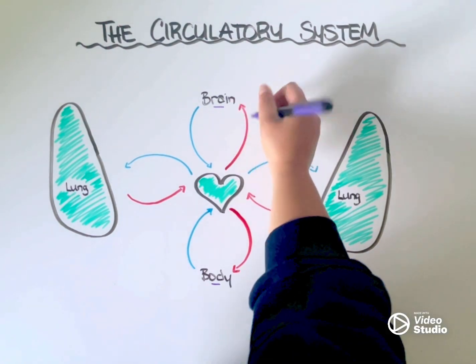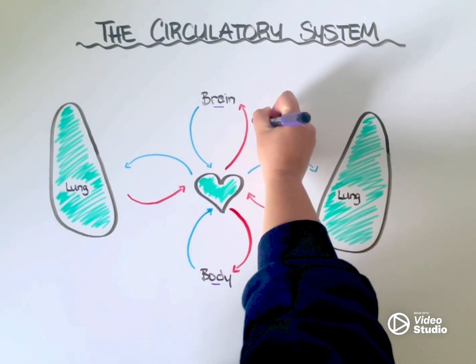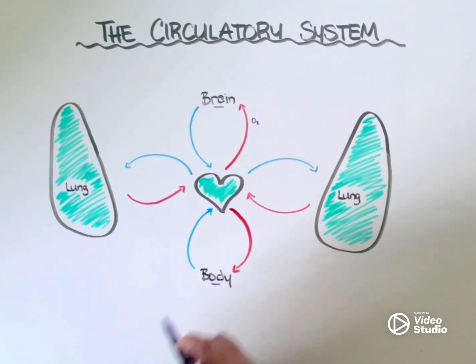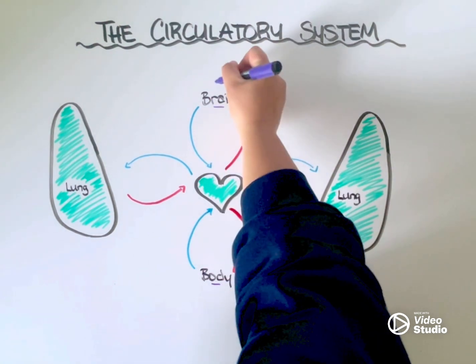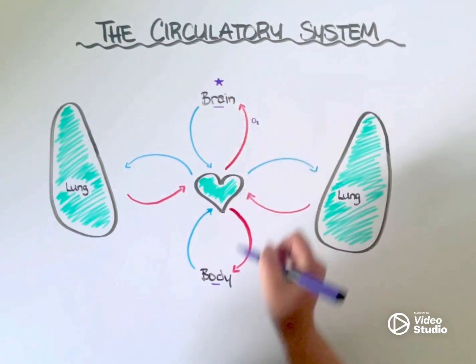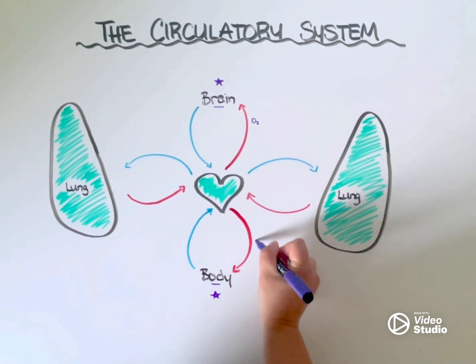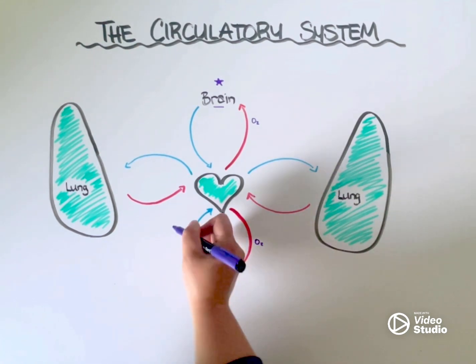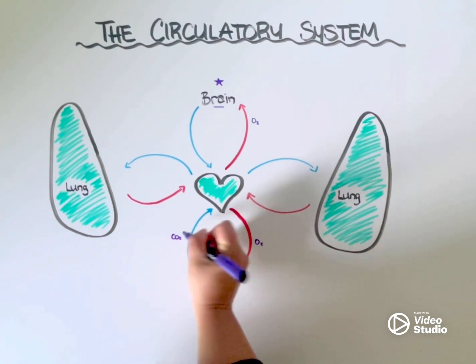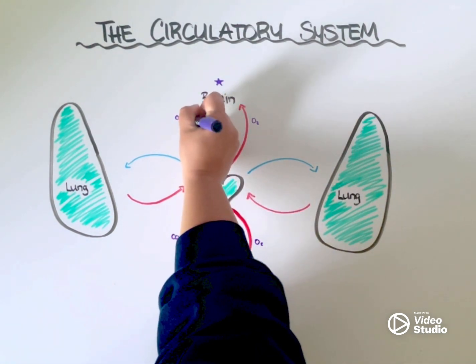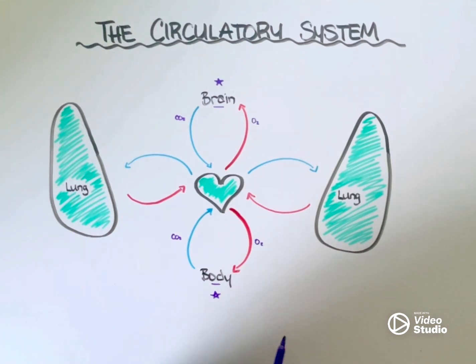So when that oxygenated blood, which we see here in red, gets used by these different structures, a process known as gas exchange happens in each of these locations, where the oxygen is taken up by cells, and then the cells use that oxygen and release carbon dioxide back into the bloodstream as a byproduct. Now the goal from there is to get that deoxygenated blood back to the heart and then pump it back out to the lungs to get reoxygenated.